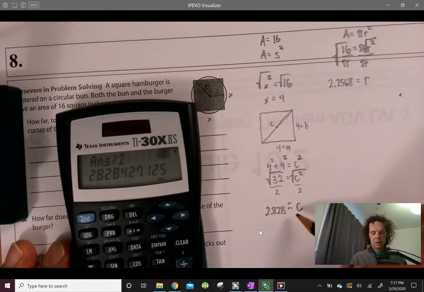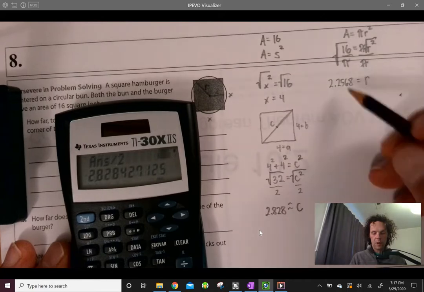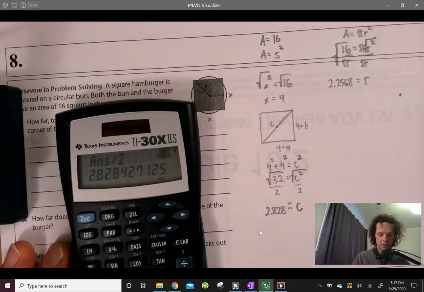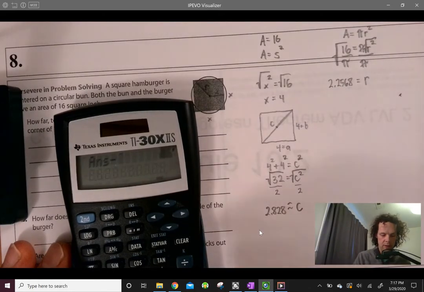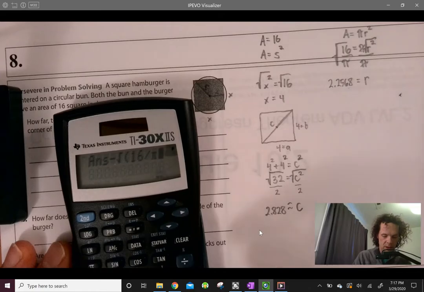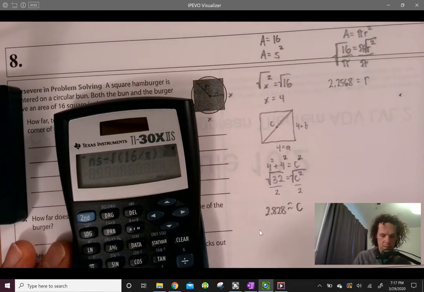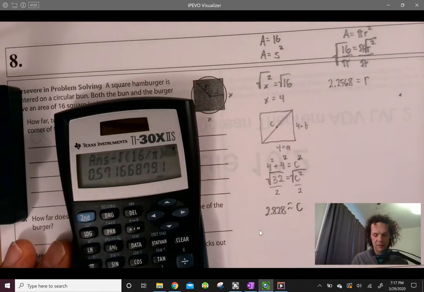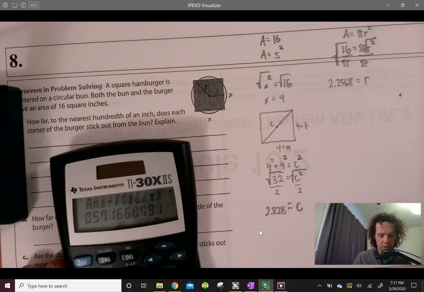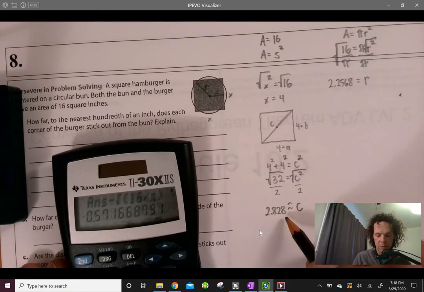So let's find the difference between that and this right here. I'm going to subtract the square root of 16 divided by pi, and that's going to give me 0.57. So how far to the nearest hundredth of an inch does the corner of the burger stick out from the bun?